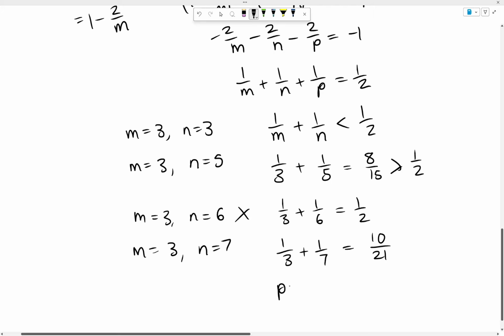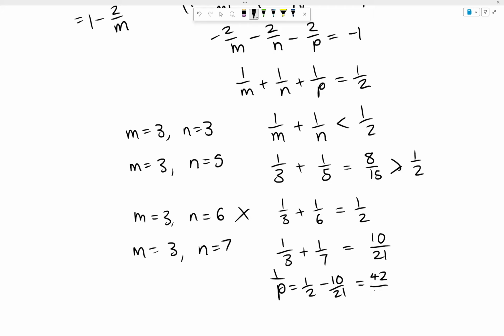So therefore 1 over p would be equal to a half minus 10 over 21, which is 21 over 42 minus 20 over 42, which is 1 over 42.